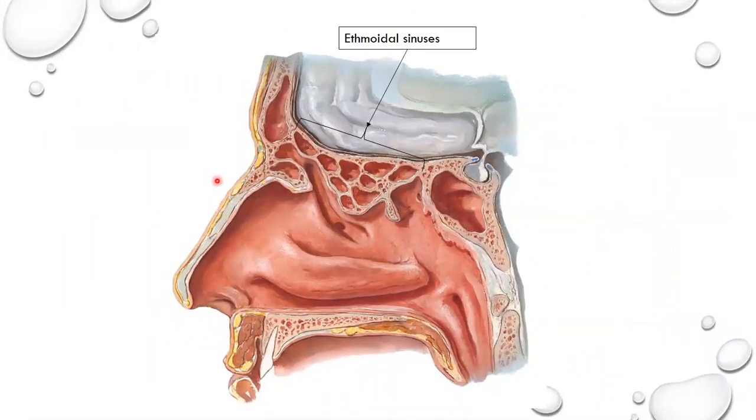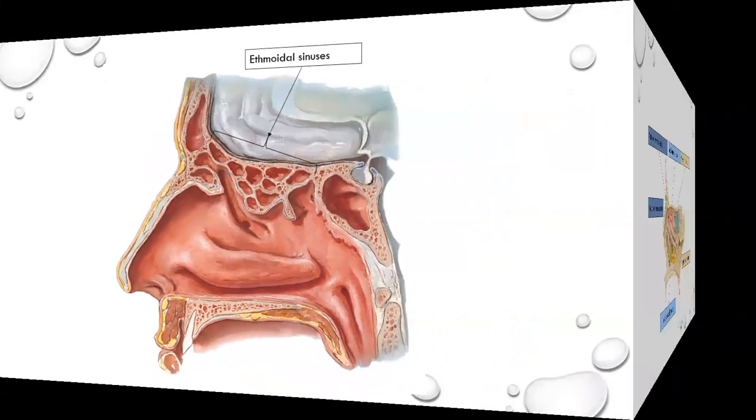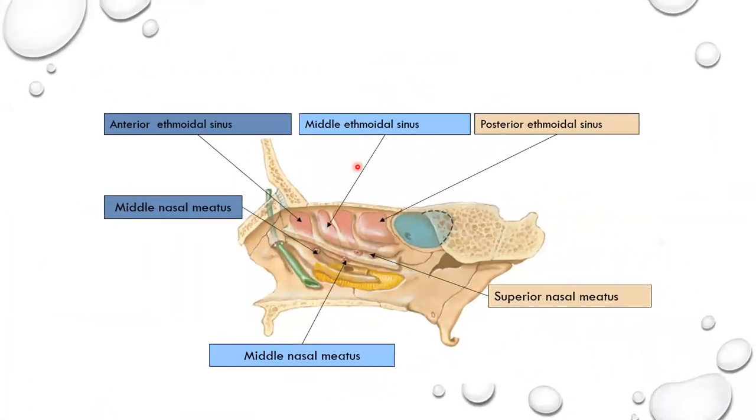And up here you have the ethmoidal sinuses, anterior and posterior cells. These are the cells of the ethmoidal sinuses. They drain into two meatus present in the lateral wall of the nasal cavity. The anterior ethmoidal sinus opens into the middle nasal meatus.